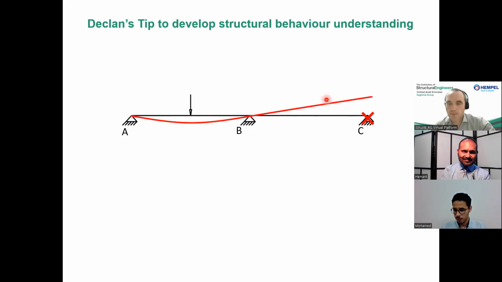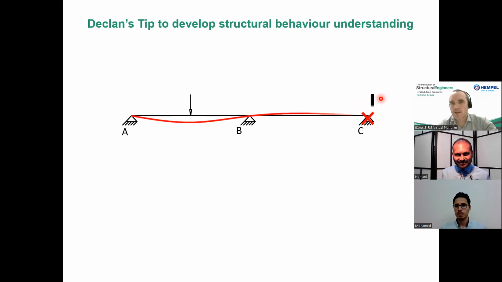It would look something like this. You'll have some bending in the bottom of the first span, and then this cantilever, because of the curvature here, would move up. So without this support, the end of the beam moves up. That would indicate that the reaction at point C is actually moving down. In order to keep the beam at point C, you need to pull it down.